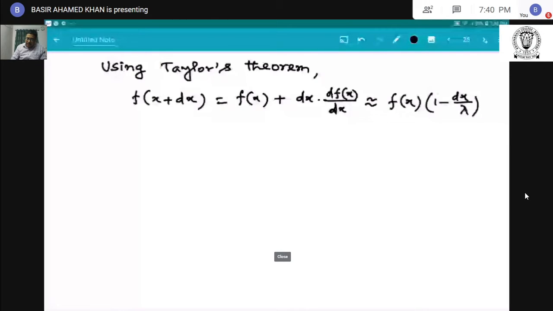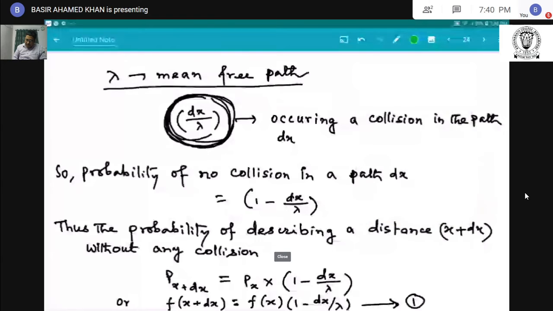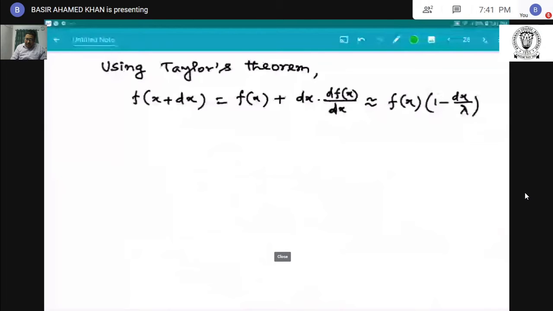We expand the left hand side fx plus dx into Taylor series and then equate with fx into 1 minus dx by lambda. Here I neglect the higher order terms of dx because dx is small.